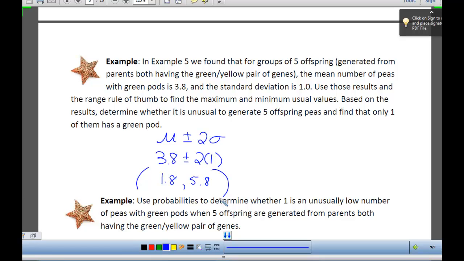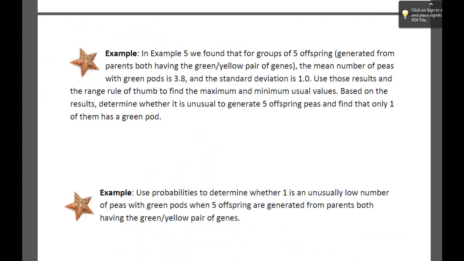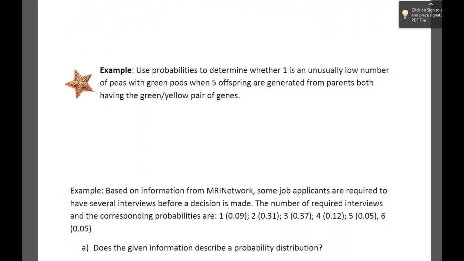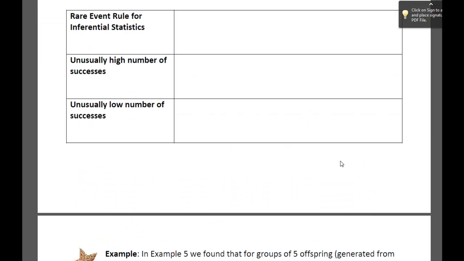Okay, use probabilities to determine whether 1 is an unusually low number of peas with green pods when 5 offspring are generated from parents both having the green-yellow pair of genes. Okay, let's see what that's all about. In the textbook, let's go back a little bit.